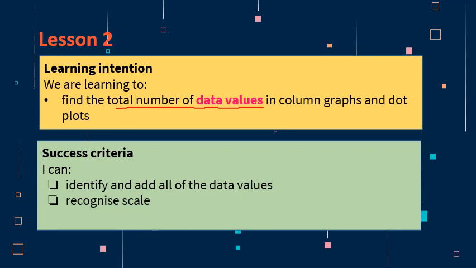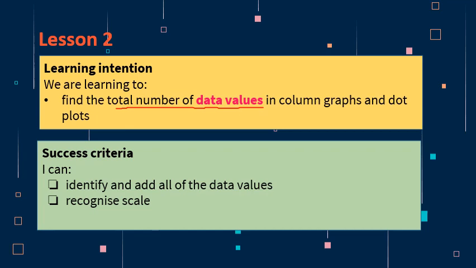So for example, if we surveyed some students and we put that into a data display, the total number of data values would be how many students did we survey? Or if we had data on sales at a shop and it was in dollars, the total number of data values would be what was the total amount of sales that's shown in that data display.